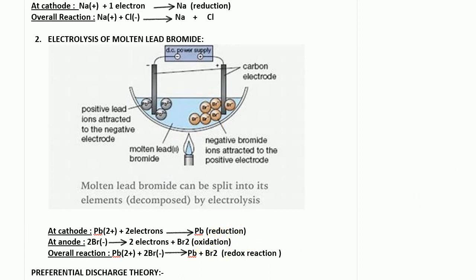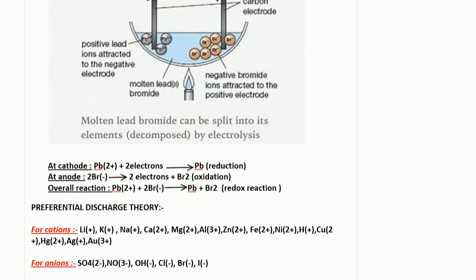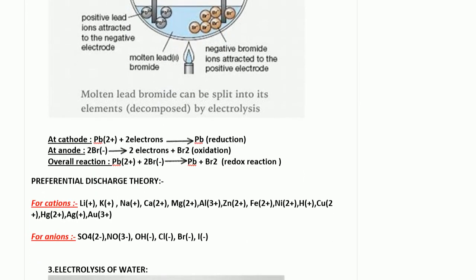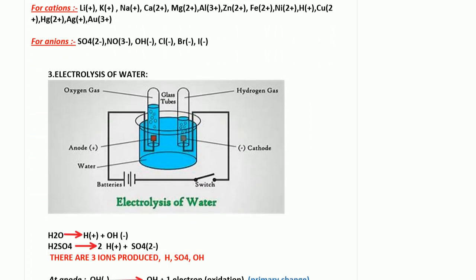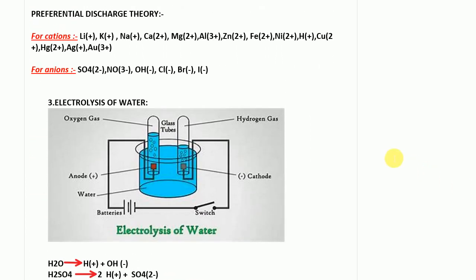Now comes the twist. Before understanding the electrolysis of water, we need to understand what the preferential discharge theory is. As we all know, at the anode, which is positively charged, negatively charged anions will get attracted.